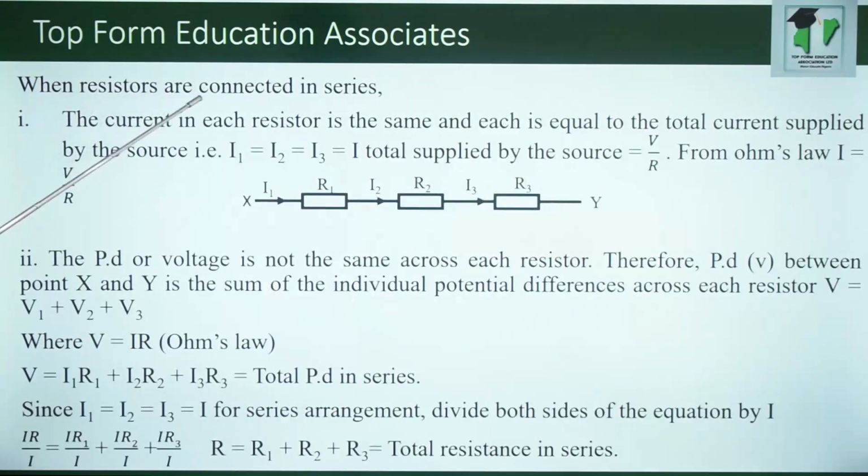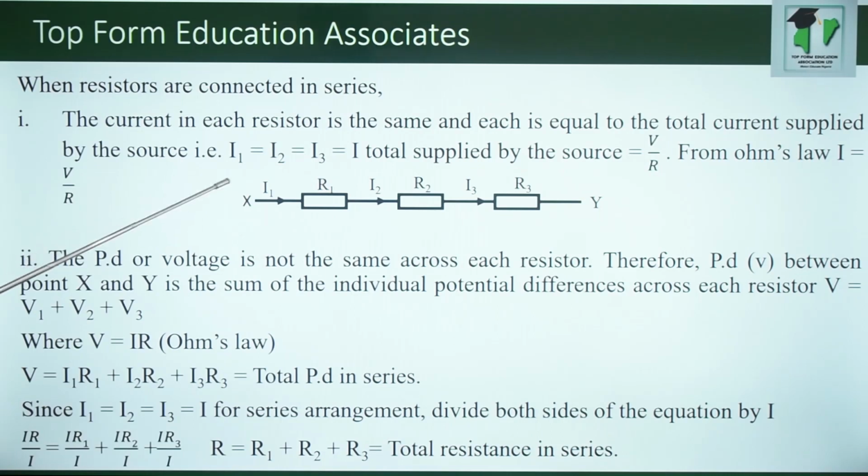When resistors are connected in series, there are points you have to note. Number one, the current in each resistor is the same, and each is equal to the total current supplied by the source, that is the battery.